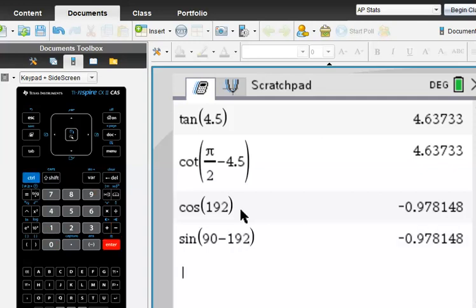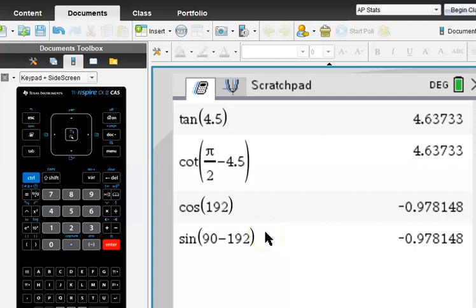Also a negative number. So cosine of 192 is in quadrant 3, where cosine is negative. Sine of 90 minus 192 ends up being sine of negative 102, also in quadrant 3. Yep, those both end up being quadrant 3 angles. But those are equal to each other.